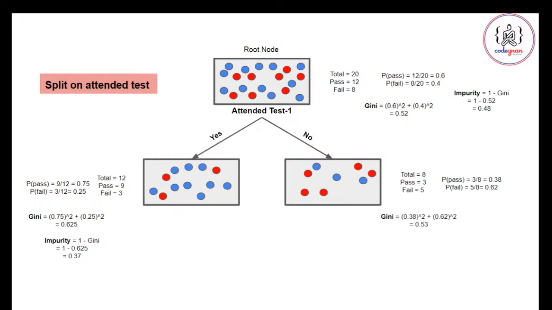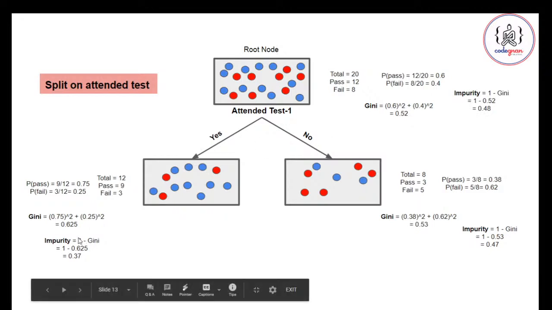Again calculate the Gini using p square plus q square and calculate the impurity. So we have calculated the impurity at the root node, for the left subnode, and for the right subnode.